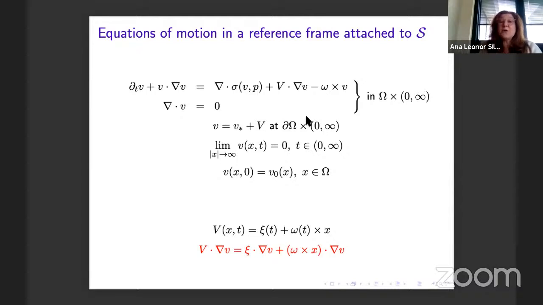Due to this change of variables, we are going to have extra terms in the Navier-Stokes equations. Okay, so here we have a Coriolis force, and here we have a term that in part we know, for instance, when we study the Oseen equations. This also appears.